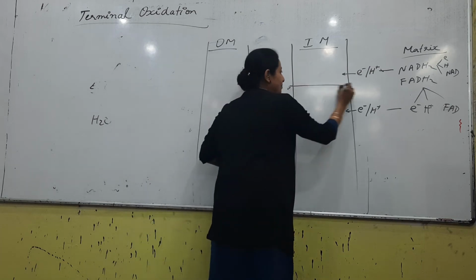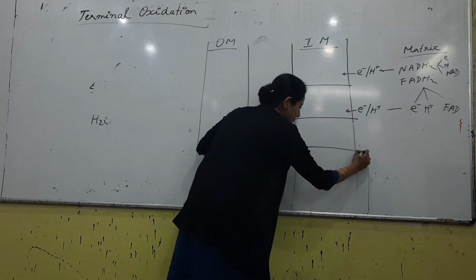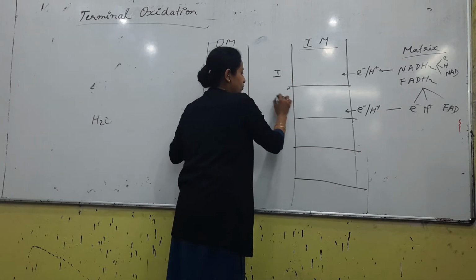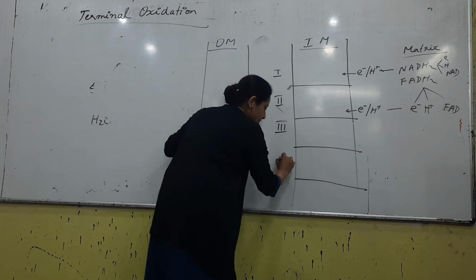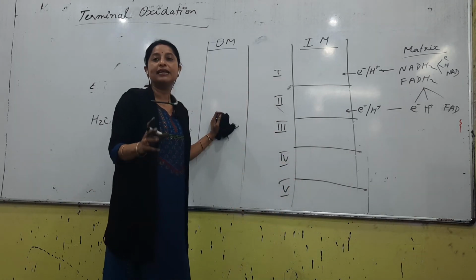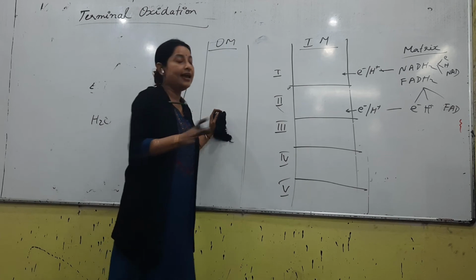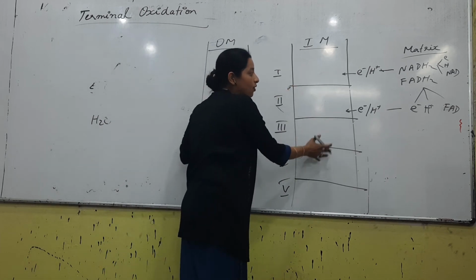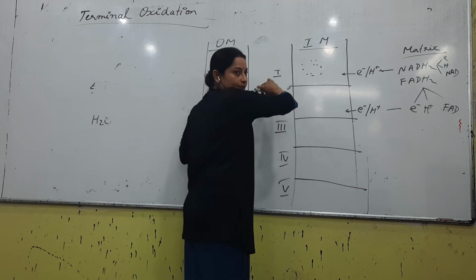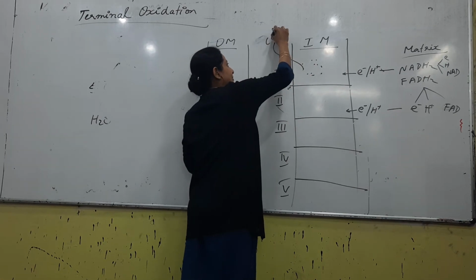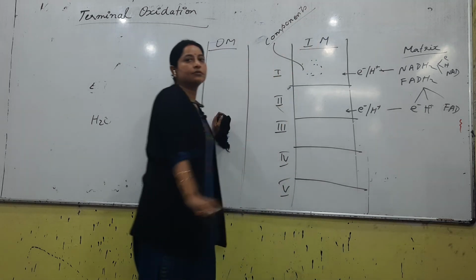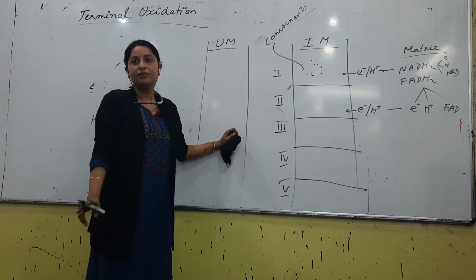How many complexes? 1, 2, 3, 4, 5, right? A complex means protein molecules. If we consider these complexes as houses, then people will live in the houses. So what is there in the houses? Components are there in the inner mitochondrial membrane.